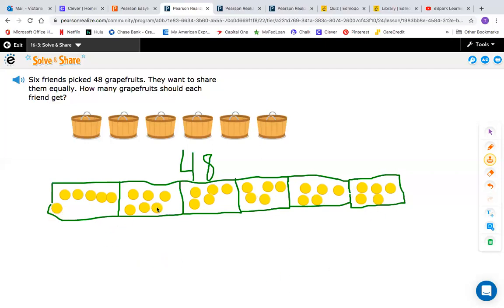40, 41, 42, 43, 44, 45, go back to the beginning, 46, 47, 48, 49. Wait, did I count wrong?